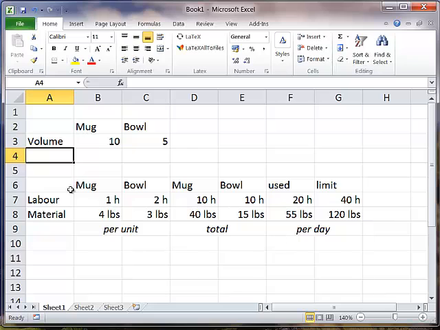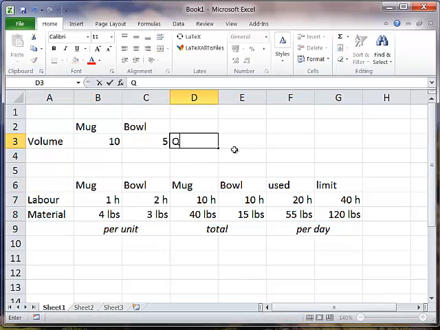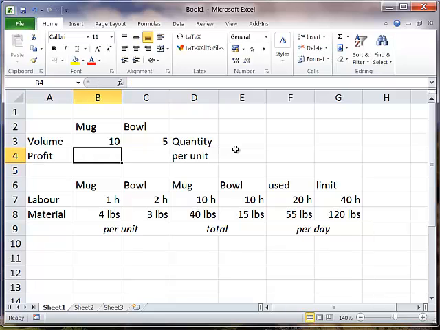So we would like to find the correct quantities, so volume, quantity. Maybe I should call it quantity as well. So how do we find that? Well, by maximizing the profit. What is the profit anyway? The profit per unit is given.